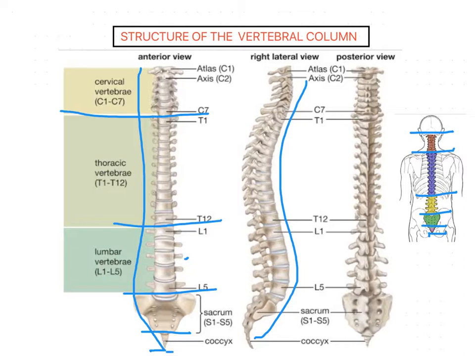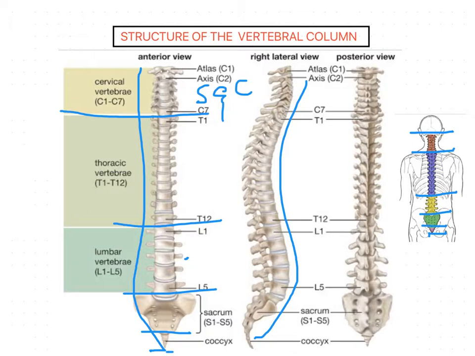The variations are in the size of the vertebrae and also the number, that is, the configuration of the vertebrae is different in each region.